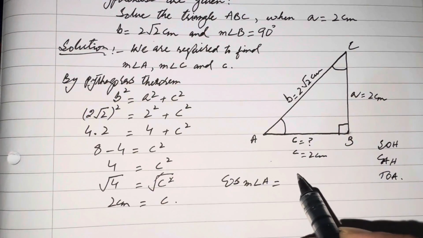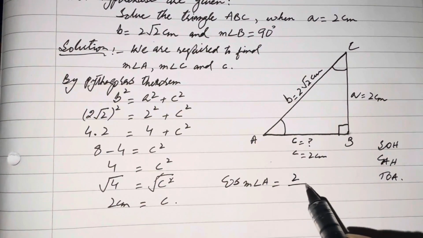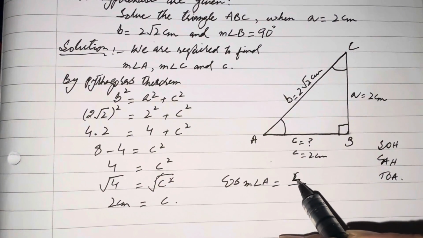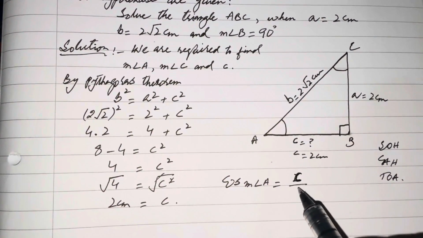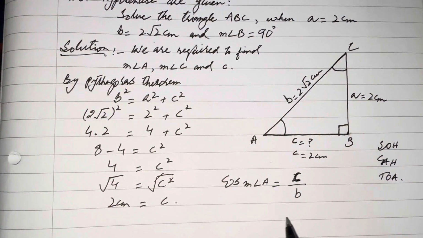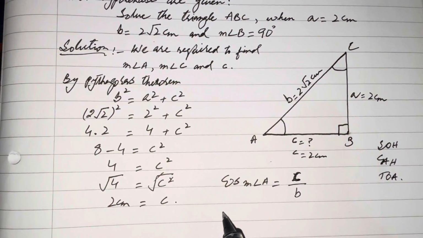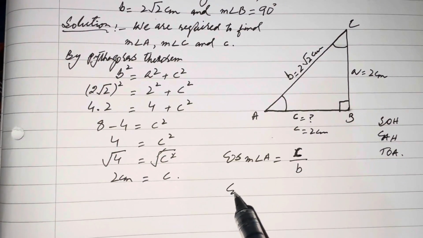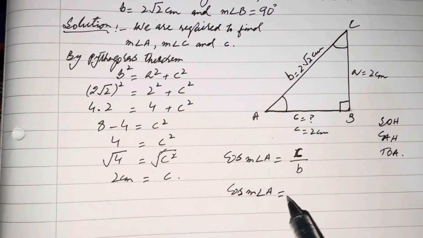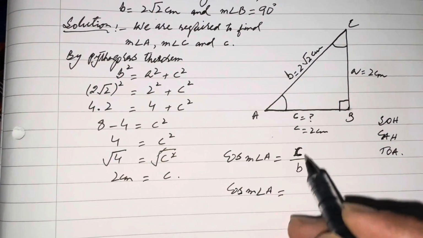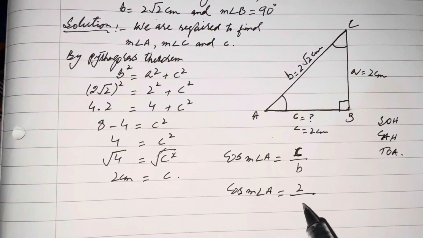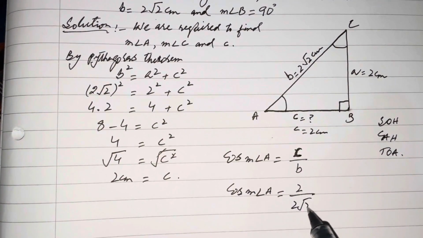So adjacent C, first we write like this, cos A is C over B. So now we put the value of C and B, so then cos measure of angle A will be equal to C, the value of C is 2, and B, the value of B is 2 into under root 2.